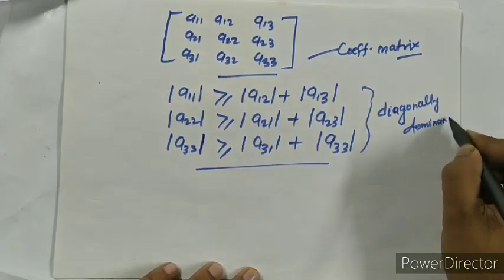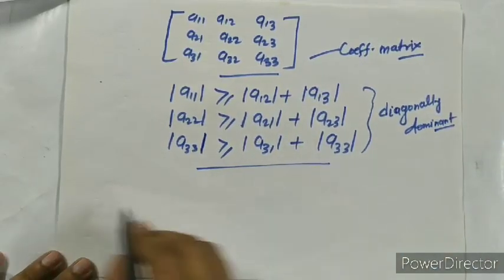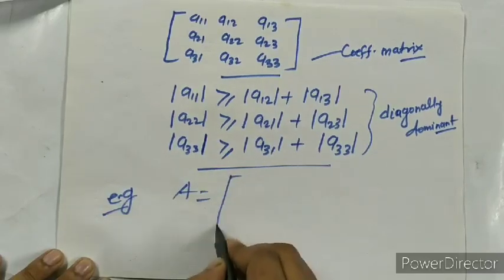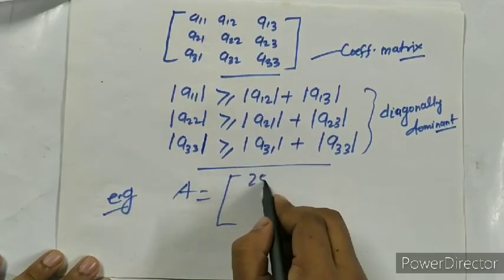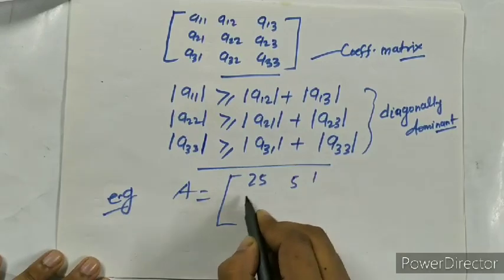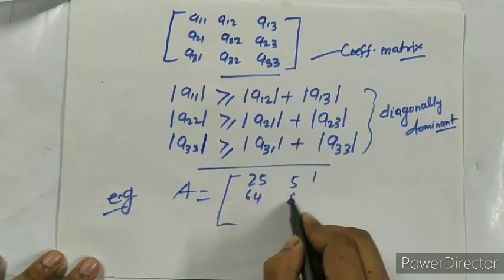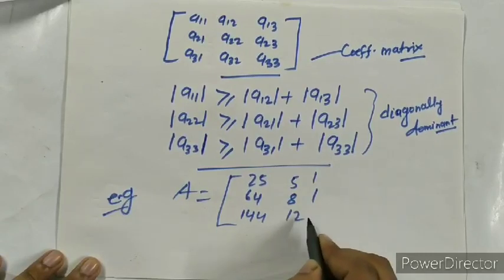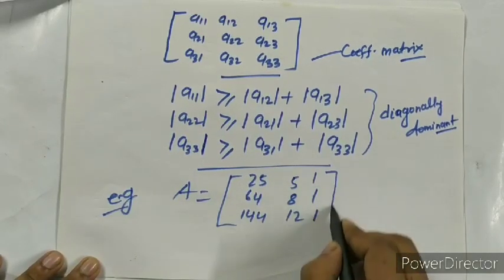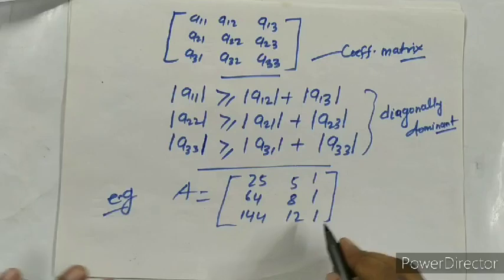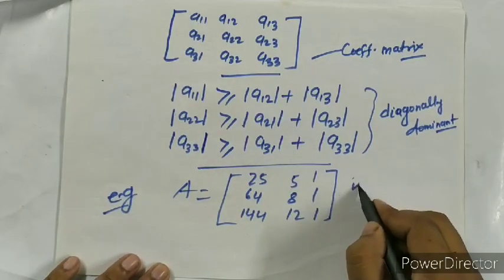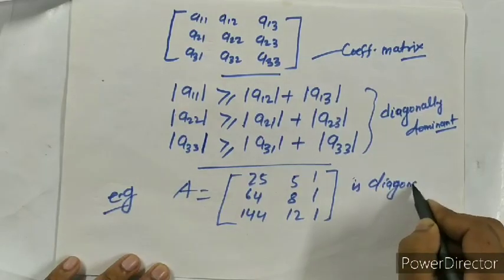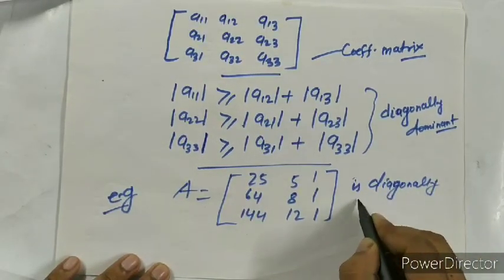Suppose, for example, we take this matrix A as 25, 5, 1, 64, 8, 1, 144, 12, and 1. We have to check whether this matrix is diagonally dominant or not.